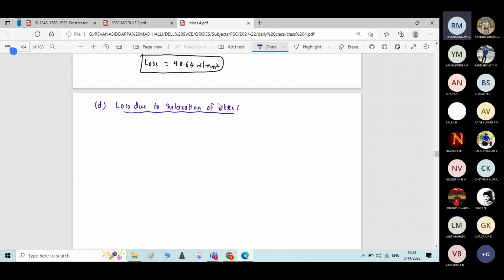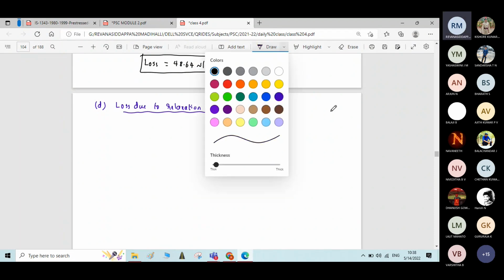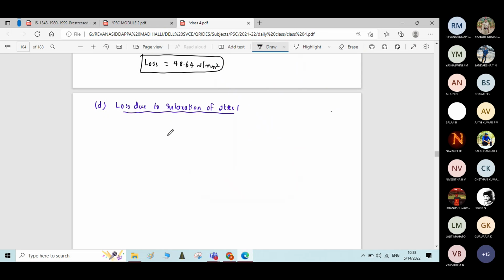How will we calculate loss due to relaxation of stress in steel? It is calculated as a percentage of initial pre-stress.